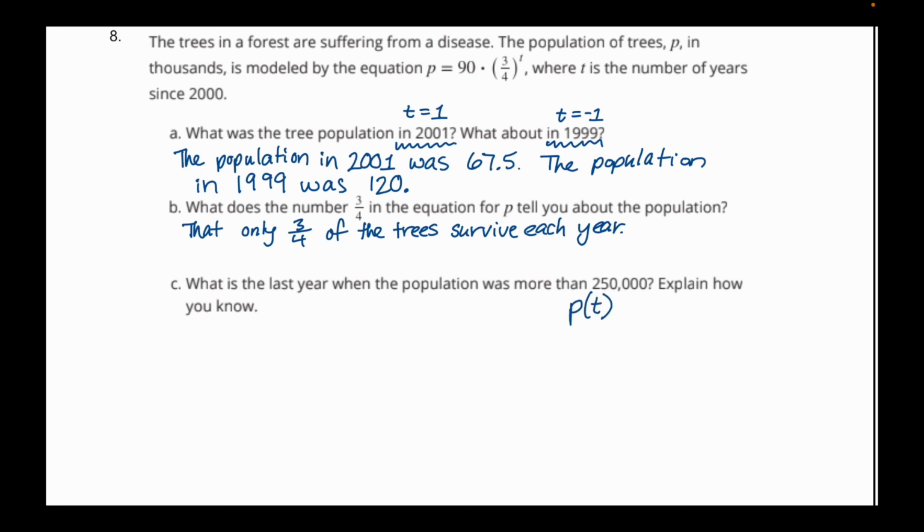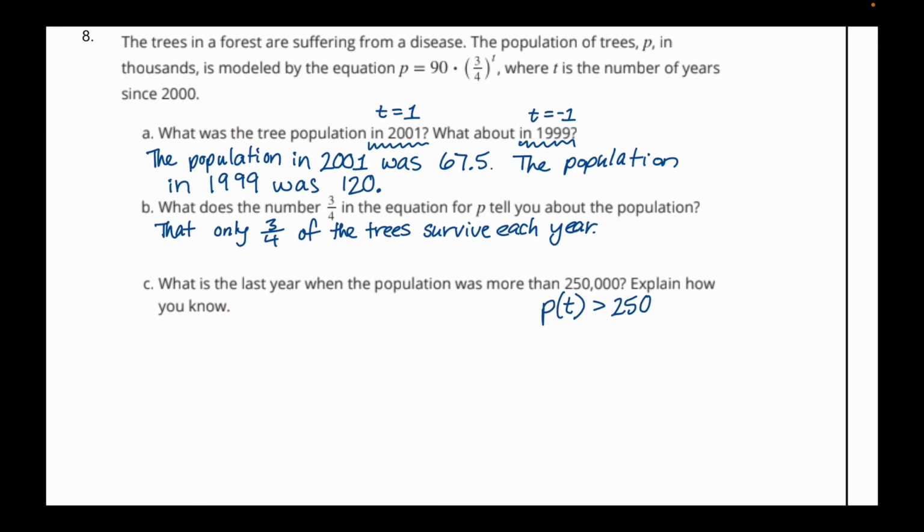We want to know when that was going to be greater than 250, because our answers are given in thousands. So we can keep going backwards and find out when that happened. So we put in -1 and got 120. If we put in -2, we'll get 160. We can keep going backwards.